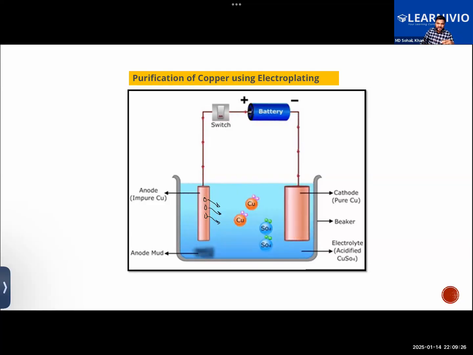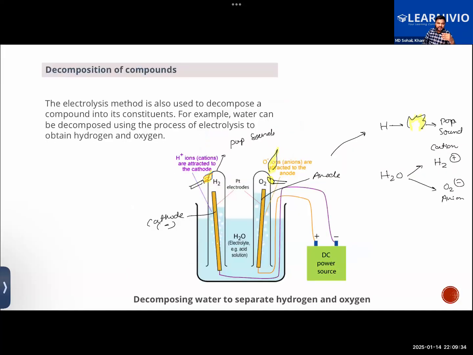Tell me if that is clear, Harim. Okay, now? Good. So which metal sample is made the anode, the impure or pure metal? Can you repeat? Which metal sample is used as the anode, the impure sample or the pure sample?